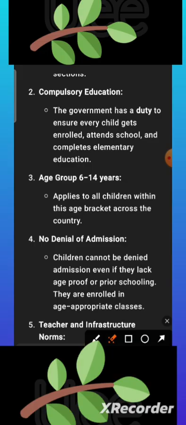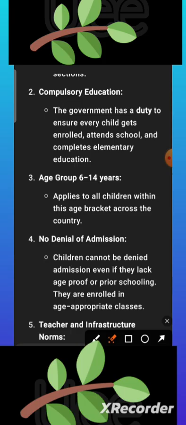Quality standard. Schools must follow specific norms: infrastructure, pupil teacher ratio, learning equipment. Private schools must meet these standards within 3 years of operation. Age group 6 to 14 years applies to all children within this age bracket across the country.